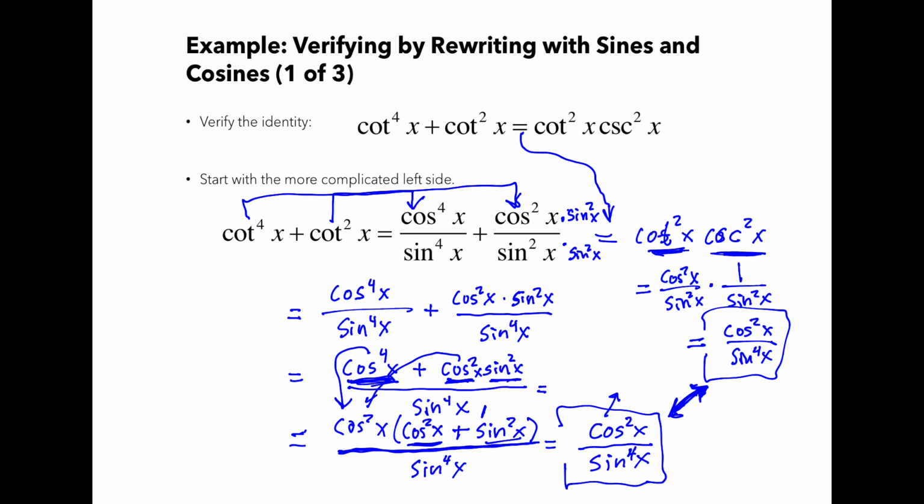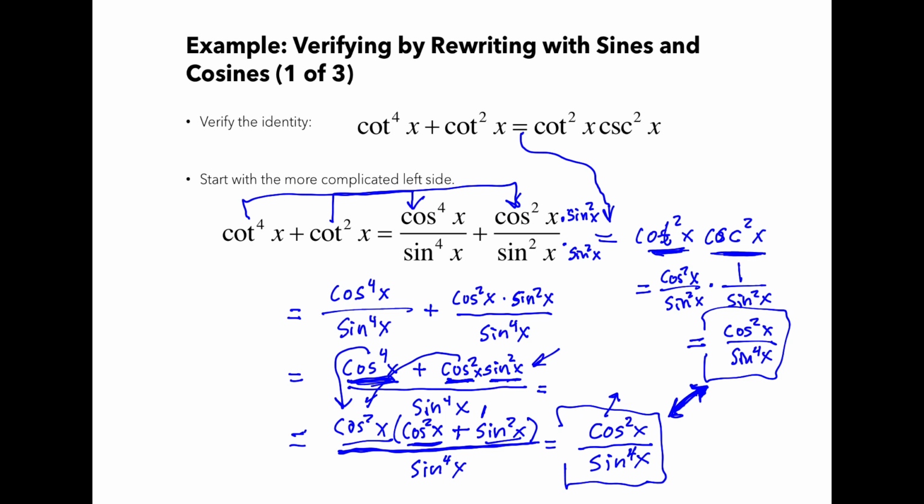It's easier to put things together, to carry out multiplications, additions and subtractions, than it is to undo those, which is what you experience when you try to factor, right? When we factor, we have to try to undo things. We have to undo a distribution of cosine x, and that's trickier for our minds to see.